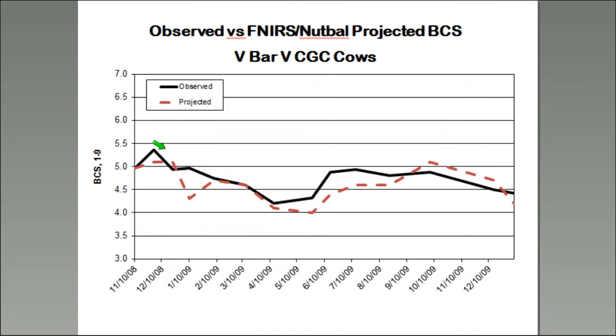But what I wanted to point out here is that if you're monitoring the nutrition of a set of grazing animals with a tool like the fecal NIR, or if you're collecting forage samples, there's going to be an iterative process here, and you're going to get a little better as you go along. But you're going to find times when you're going to see something like this, and you're going to be off.